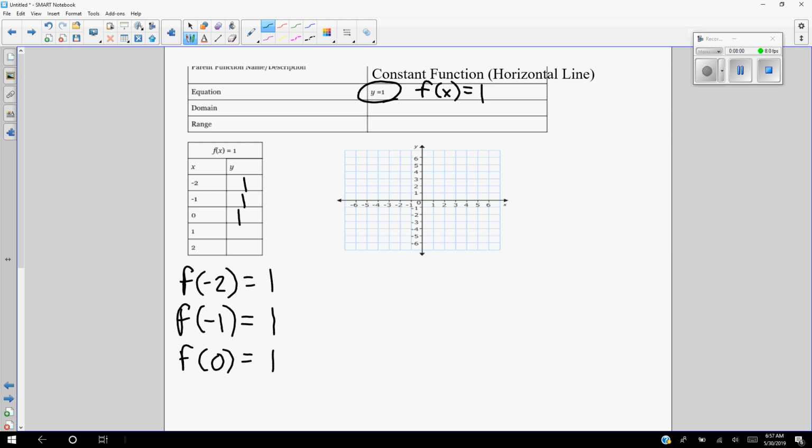So the constant function is really easy to graph because the output y variable never changes. So there's the constant function.